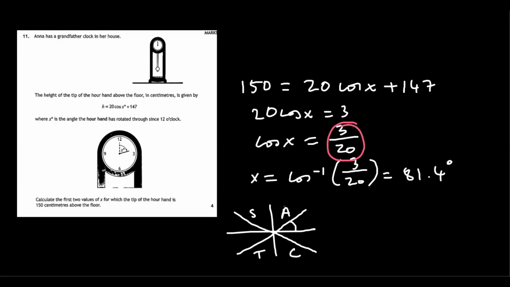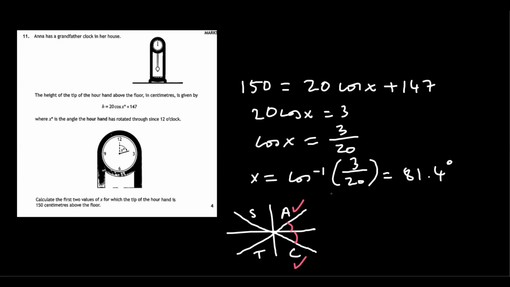The quadrants where cos is positive are this quadrant and this quadrant. And you should actually check that before drawing the initial angle, by the way. So that was a mistake when I drew the angle before checking the quadrants. So it's this quadrant and this quadrant, and then you just draw the angles in that quadrant.